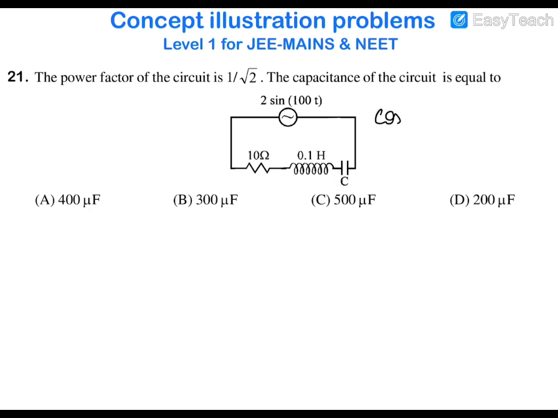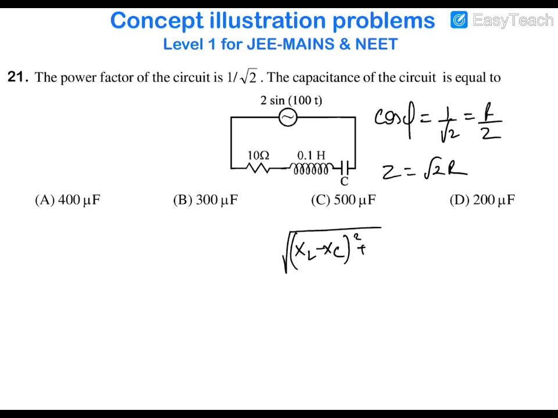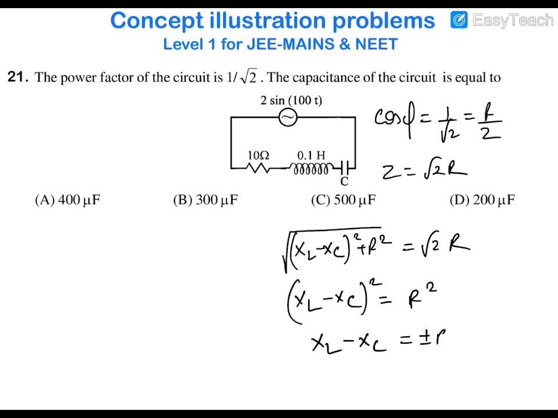As we know that power factor is cos phi, and it is 1 by root 2, and it is R upon Z. So we can say that Z will be equal to root 2 R, and Z is under root of (XL minus XC) whole square plus R square, and that is root 2 R. So we can say that (XL minus XC) whole square is equal to R square, and XL minus XC will be equal to plus minus R.